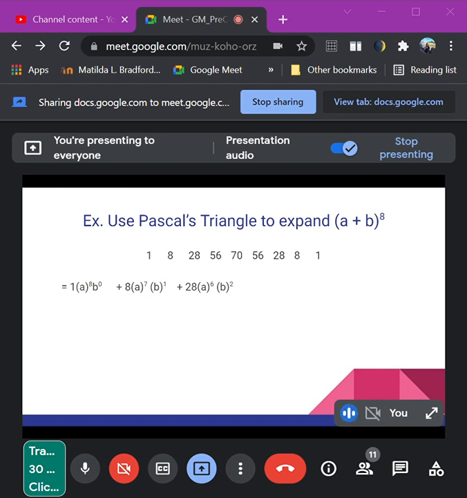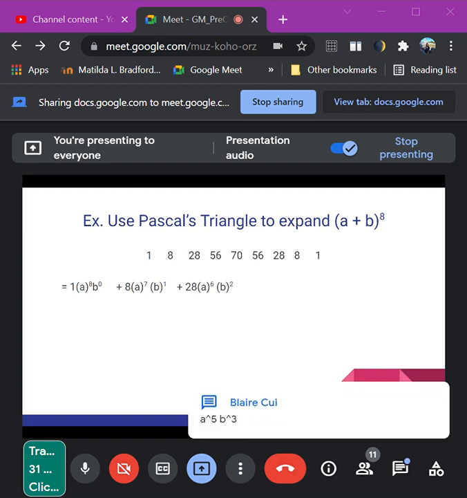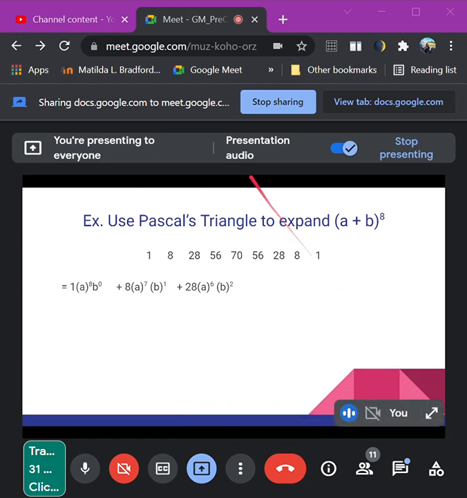Unsay exponent sa A, unsay exponent sa B? Okay, nata dire from Blair. A raised to the power of 5, B raised to the power of 3. Very good.